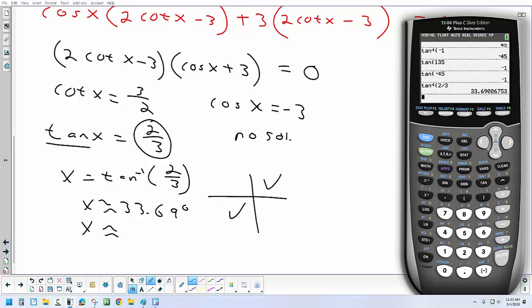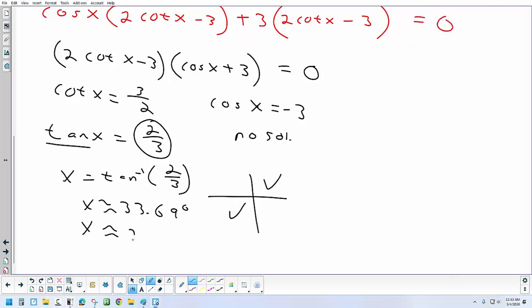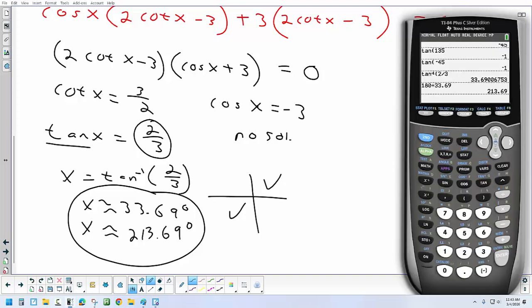Add 180 to it. So 180 plus 33.69, 213.69. If you're not sure, take the tangent of 213.69 and it should come out to 2/3. If it doesn't, then we did something wrong. But it came out to 2/3.